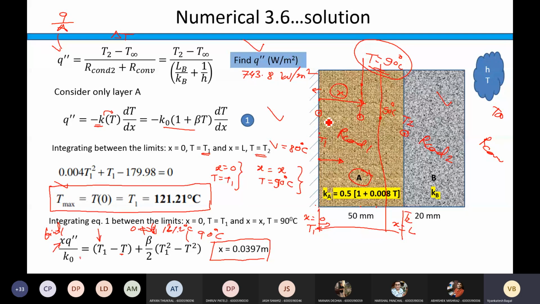Right? And as this part is insulated, now the temperature distribution should look like this. This should be the highest point, and then you will draw the temperature distribution like this. And from this point onward, you can say this is varying linearly, and then the convection part. So this is how you should show the temperature distribution.